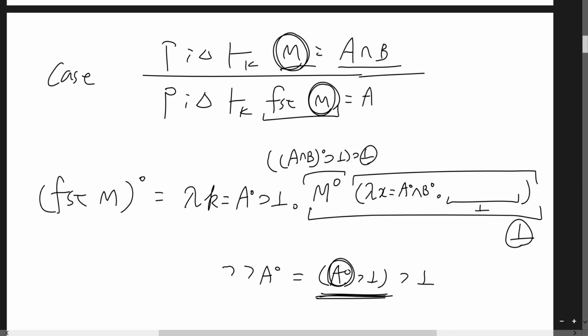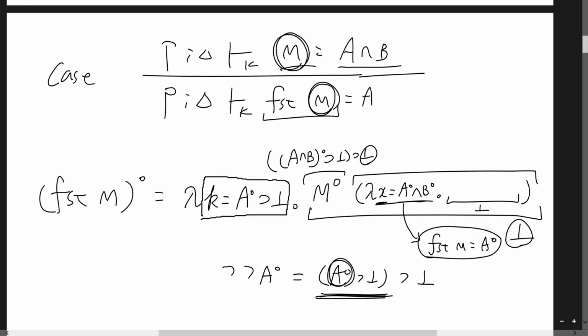Now it's pretty easy because you have a value of type A circle conjunction B circle, and from this you can easily create first M, which is of type A circle. But previously we have provided this continuation, what to do with a value of type A circle. So you apply K to first M, then it is going to be bottom, so this bottom.